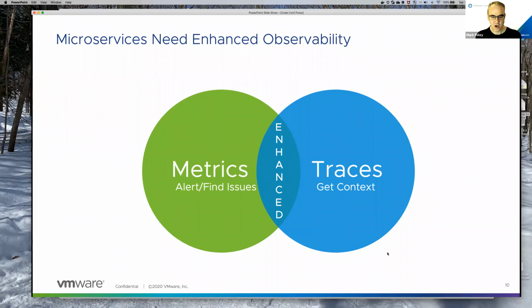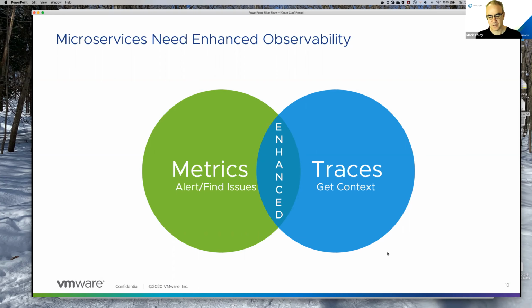One of the really nice and unique things about Tanzu Observability is it actually brings together these worlds of tracing and metrics. And what it will do is automatically generate metric information from the trace data. That's very, very helpful, because what it means is if you implement tracing, you automatically get metrics.